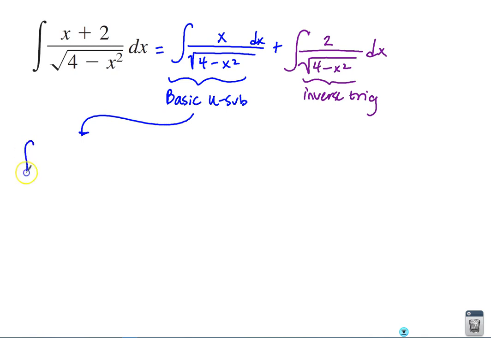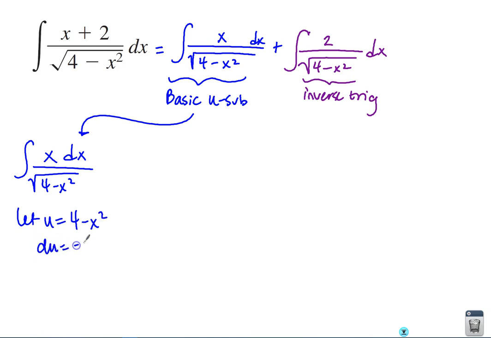Let's do this one first. I've got the integral of x dx over the square root of 4 minus x squared. I'm going to let u equal 4 minus x squared. du is equal to negative 2x dx, right? So far so good. I have x dx in the numerator, not negative 2, so negative 1/2 du is equal to x dx.